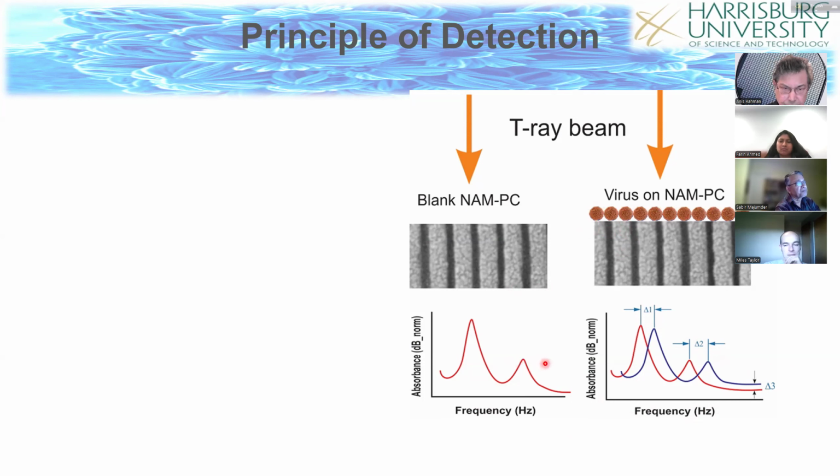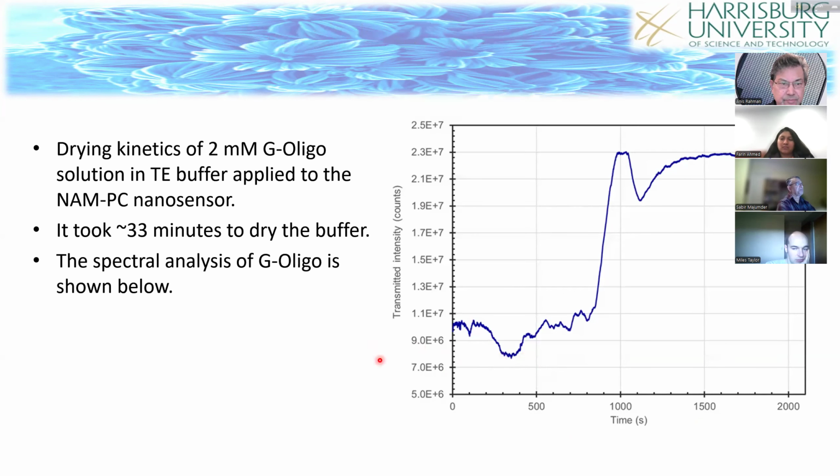First we apply, in the mini cuvette that we just formed, in this case an oligonucleotide solution in a buffer, because where am I going to get the virus to do the experiment? We need a specialized lab for that, which we don't have.